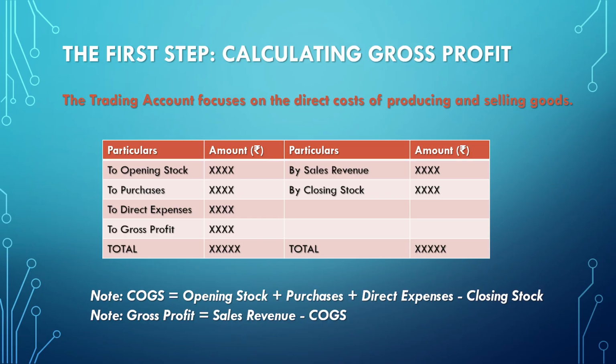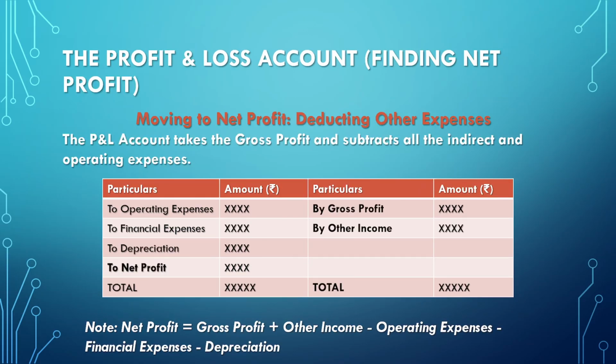And gross profit is sales revenue minus COGS, or in the trading account, sales revenue plus closing stock minus all these debit items: opening stock, purchases, direct expenses. Clear? Good. Now let's move on to the profit and loss account.